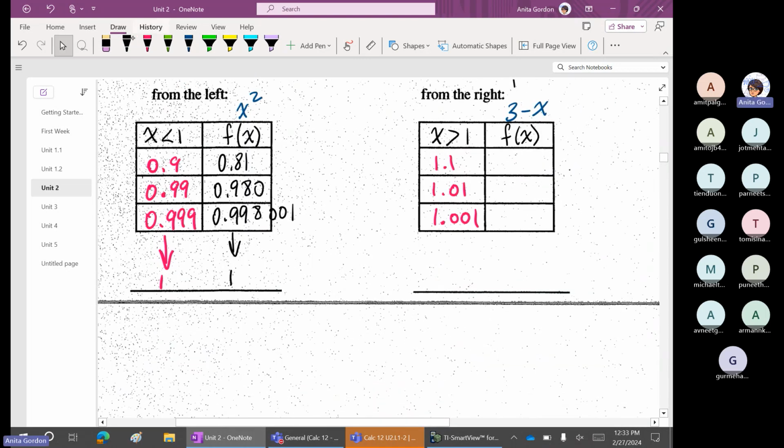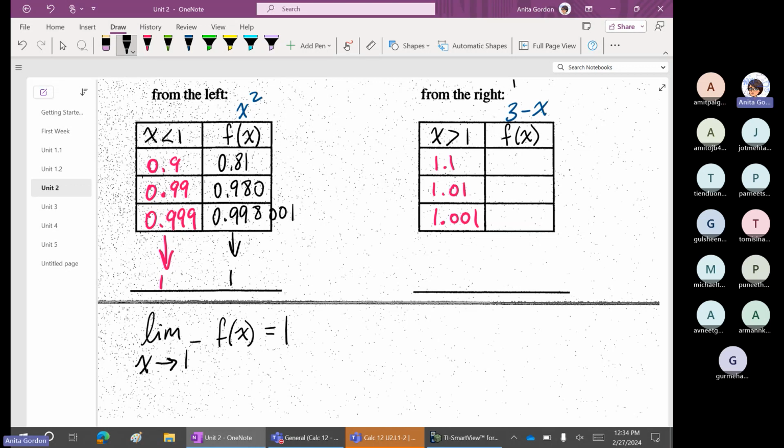So again, the way that we write this in mathematical notation: the limit as x approaches 1 from the left, not negative 1, the little symbol, you write it in place of an exponent. That tells you the direction, left or right. The limit as x approaches 1 of f of x equals 1.